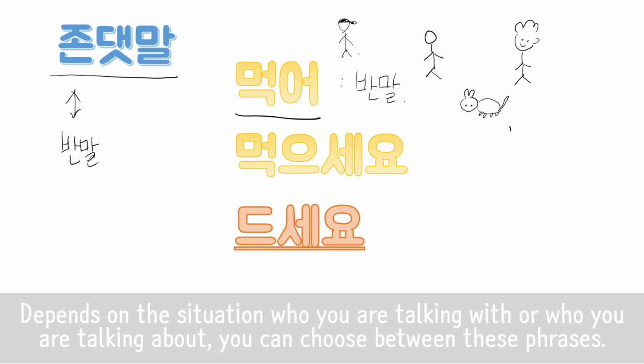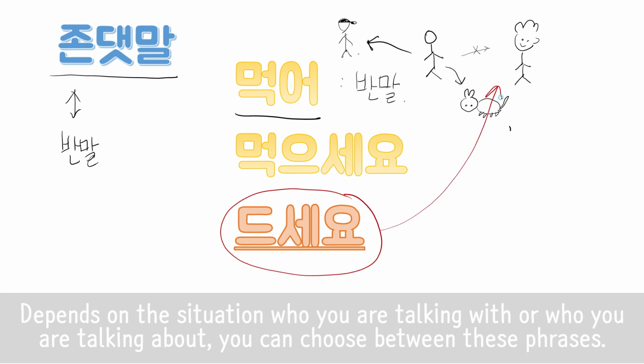So, I can talk to my cat, 먹어. And I can talk to my friend, 먹어. But I cannot say 먹어 to my mother. I will say 드세요 to my mother.